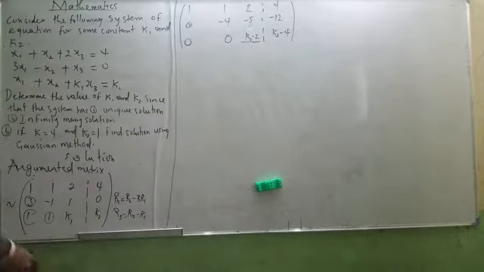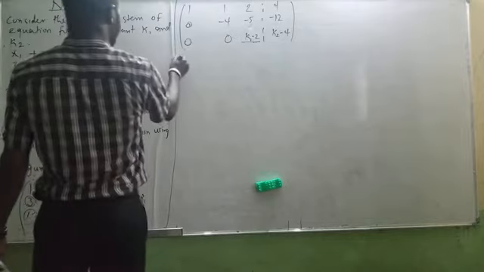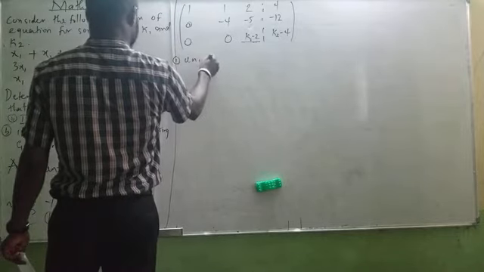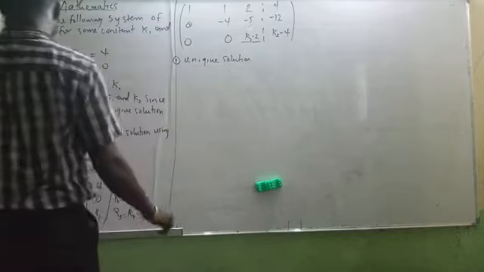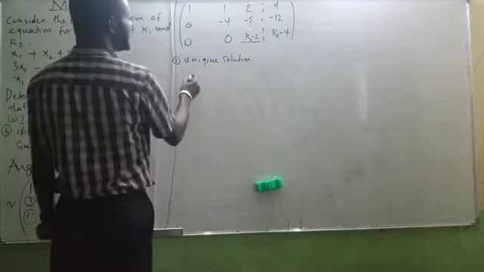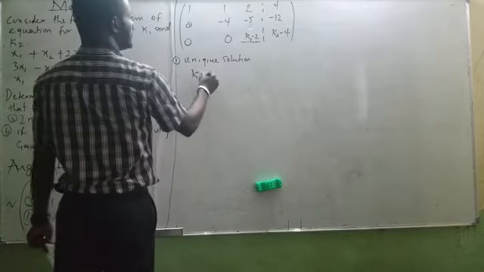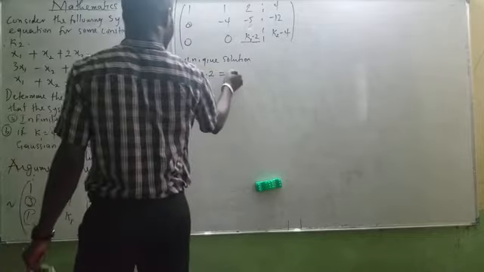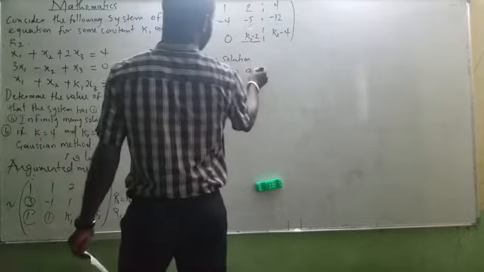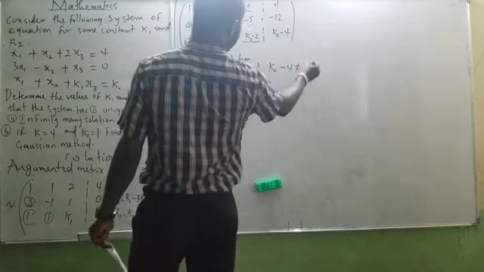Now, for the solution to have, number 1, a unique solution. Unique solution means it will be what? My k1 minus 2 will not be equal to 0, and my k2 minus 4 will also not be equal to 0.